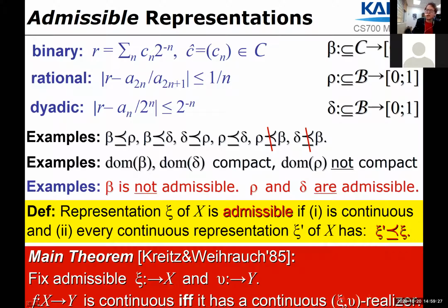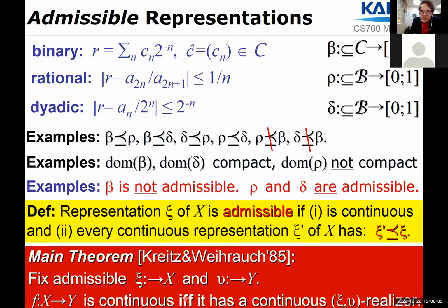And remember that a realizer is a mapping on our basic spaces where we don't need to define coding or computability because it's already defined. And also recall that any computable realizer must be continuous, and this can be seen as a counterpart, a characterization of all functions which have continuous realizers. Namely, this is precisely the class of continuous functions, which is a pretty neat characterization if you think about it.